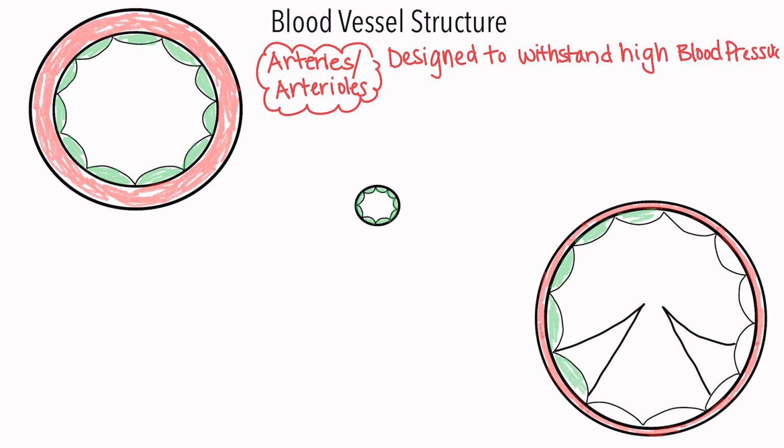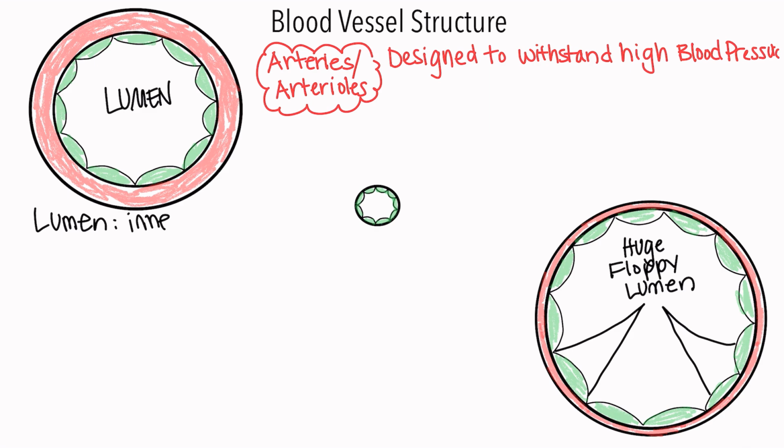These are endothelial cells, a type of epithelial cell that lines the inside of all your blood vessels. They're simple squamous epithelium. The lumen would be here, and over here in a vein we have a huge floppy lumen. The lumen is the inner space, and in this organ that's where the blood is. In your GI tract, the lumen is where the food is. And in your trachea, the lumen is where the air is.